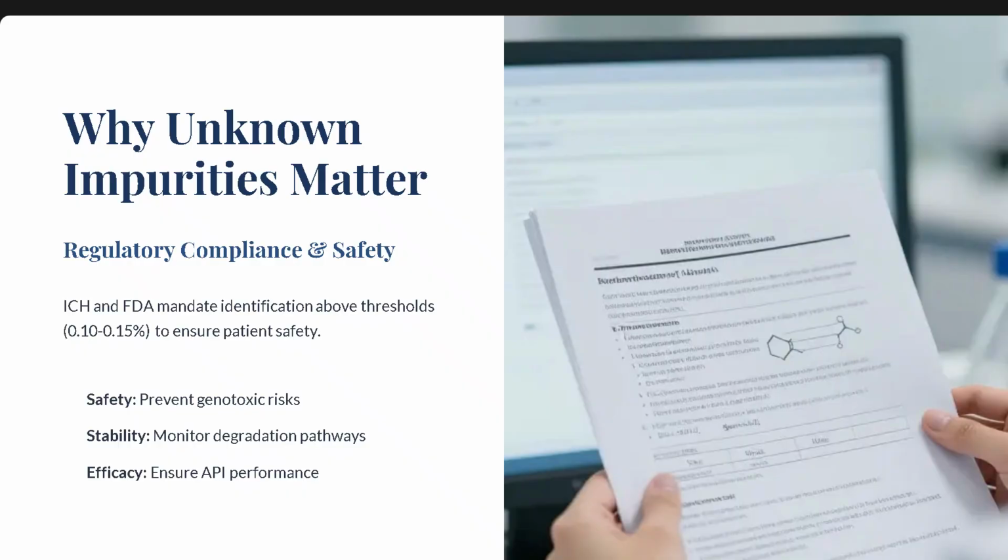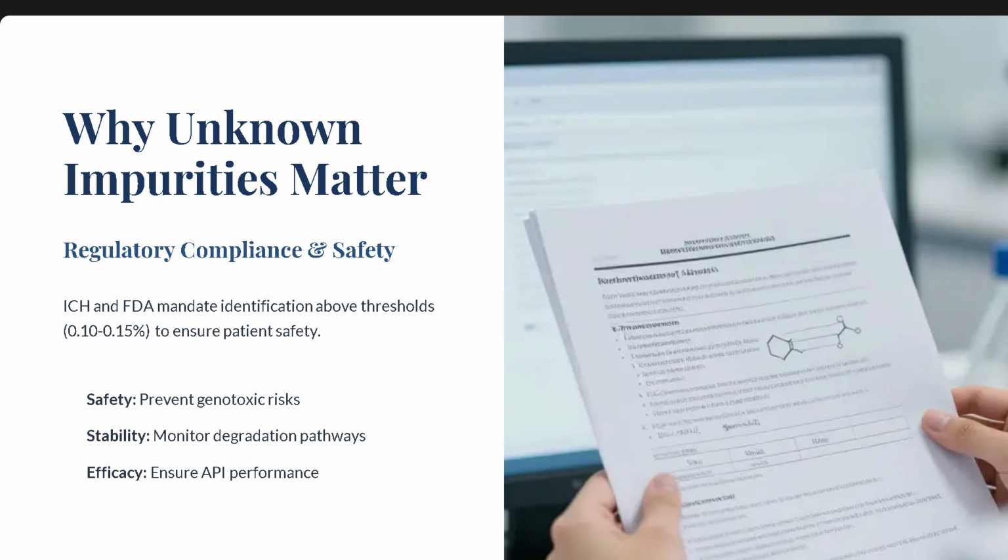Unknown impurities are not just analytical curiosities, they are a major regulatory and safety concern. Guidelines from regulatory bodies such as ICH and FDA require that impurities above certain thresholds, typically around 0.1 to 0.15%, must be identified and characterized.